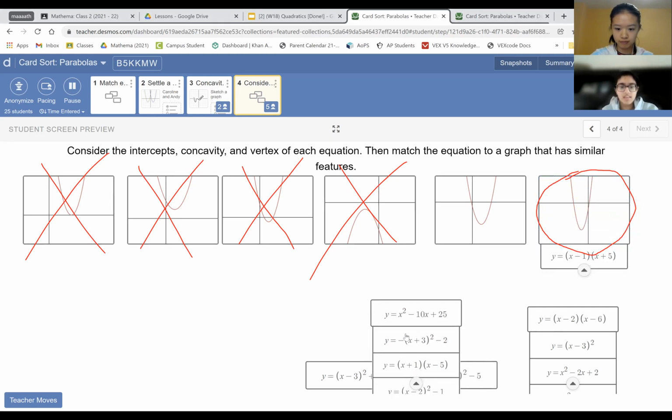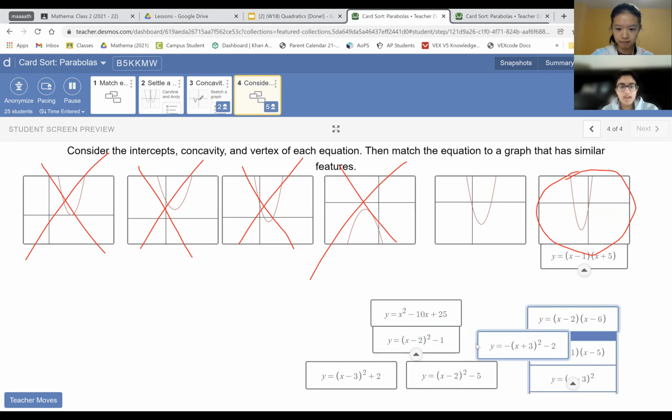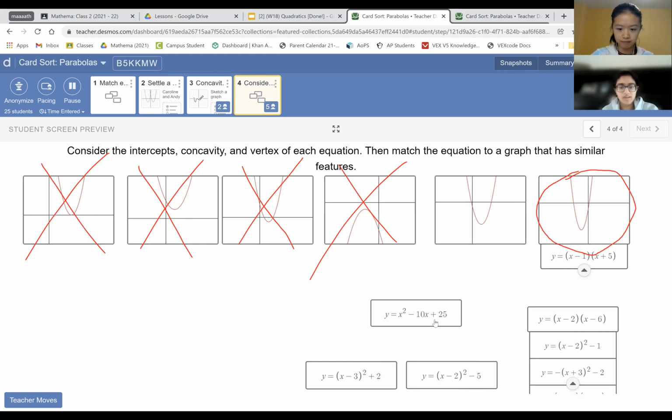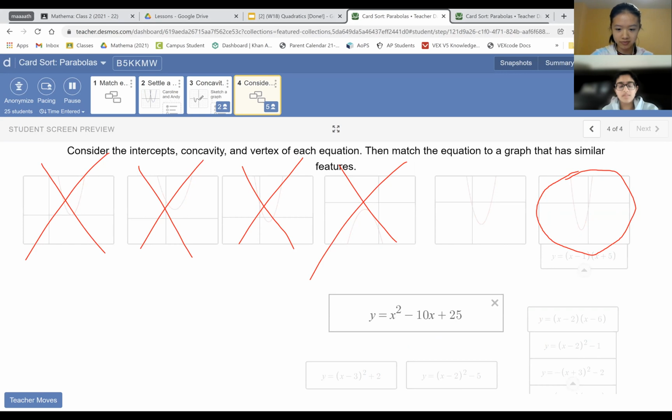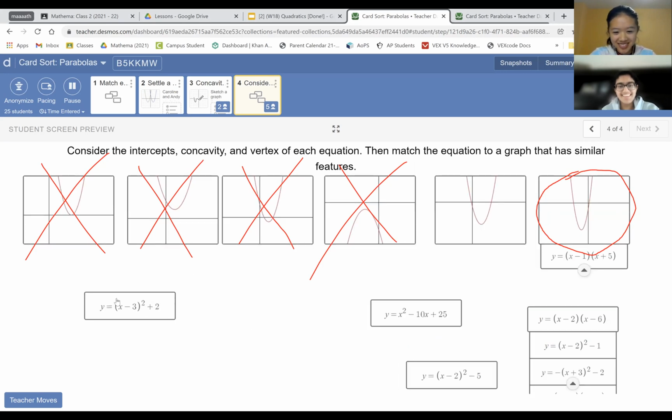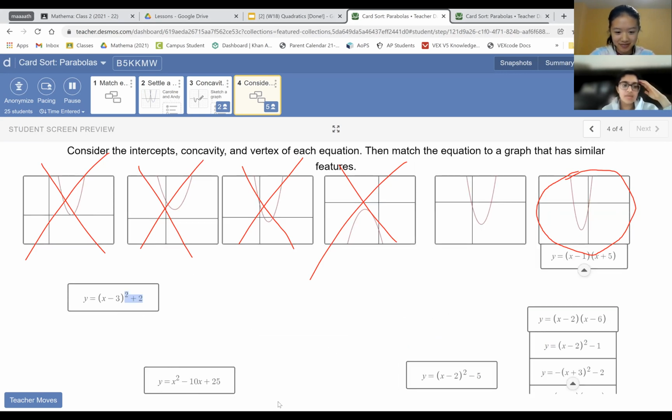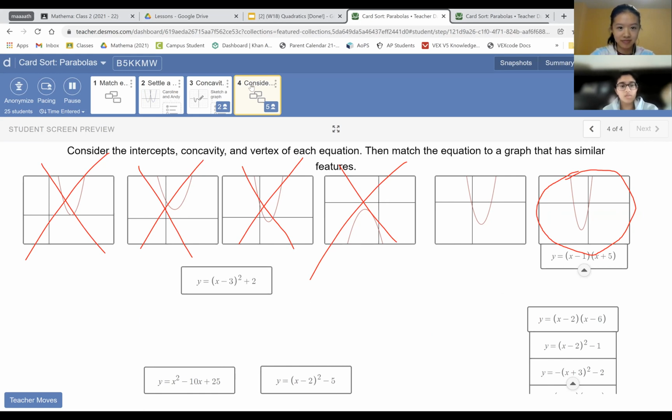Then next equation, y is equal to x minus 3 squared plus 2. Okay, so we are given this in the vertex format. So we can see that the vertex would be whatever makes x minus 3 equal 0, so 3, comma, and then 2, right?